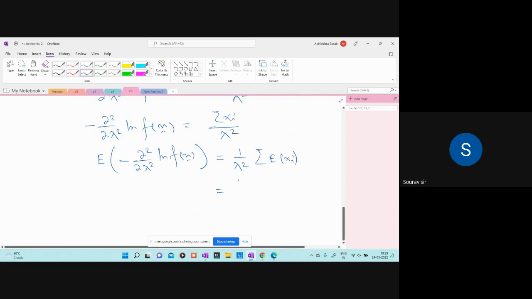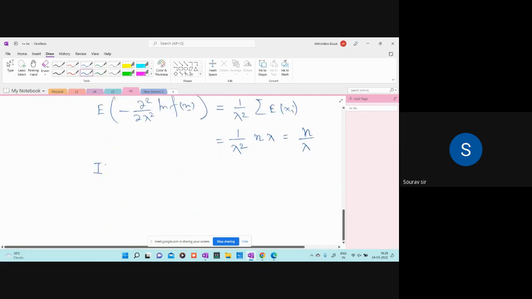Okay, so what is this expectation? That is n into lambda, so that is basically n by lambda. So what is the value of my I lambda? I lambda is nothing but this expectation of minus del square del lambda square ln of f of x curl. This is basically n by lambda.